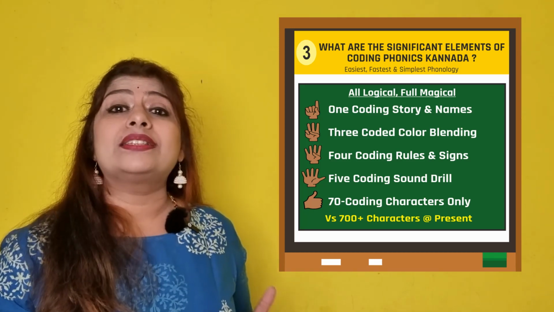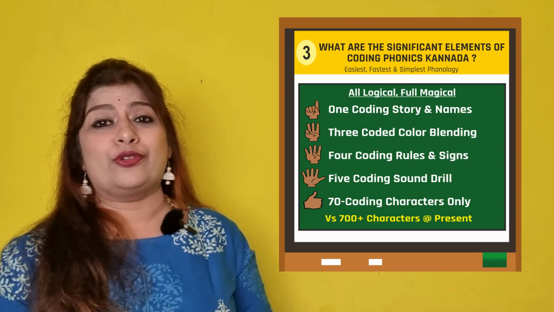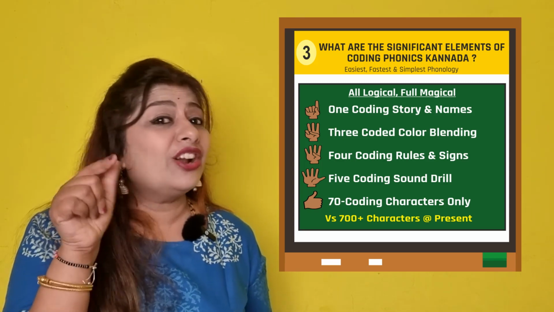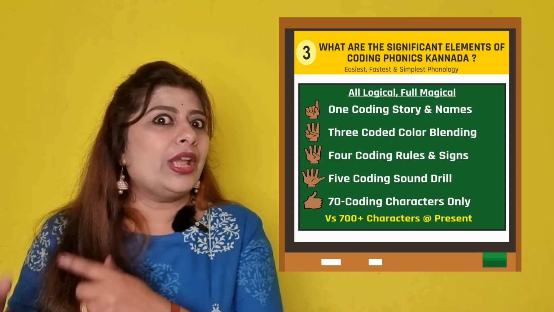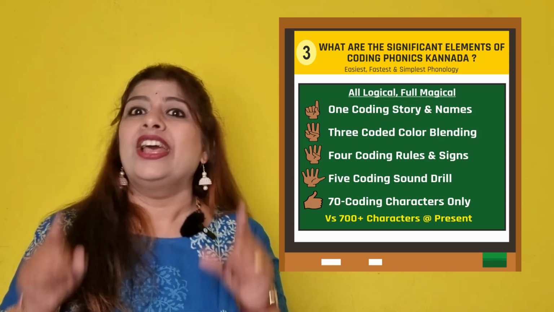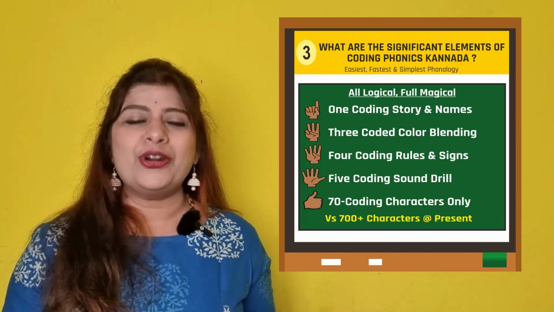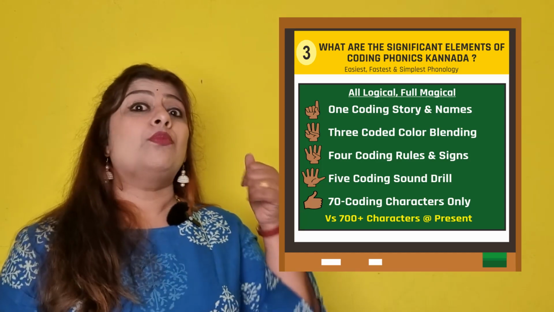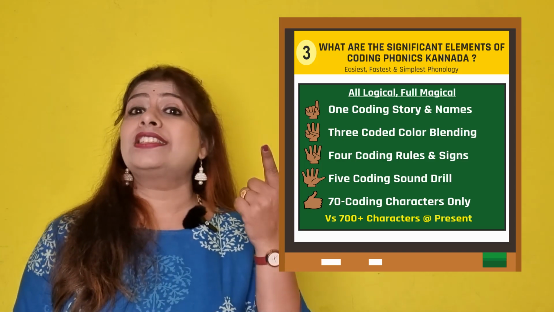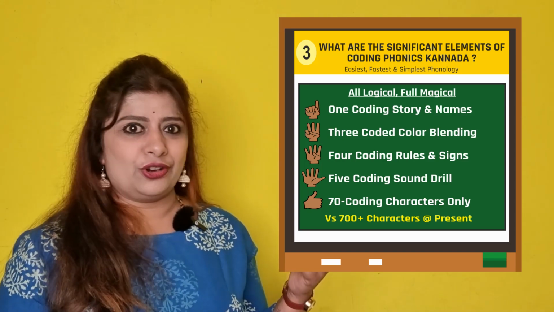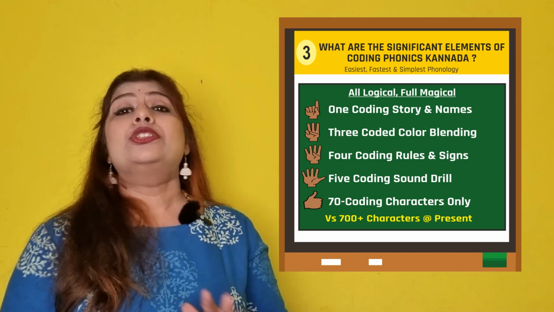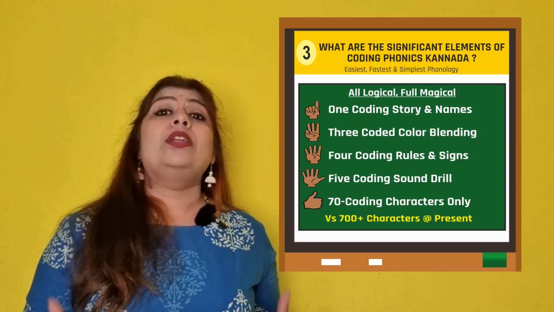These are the significant elements of Coding Phonics Kannada, which you may not understand today, but going further, when you follow us, you will understand that Coding Phonics Kannada is the easiest, fastest, and simplest phonology in the world.